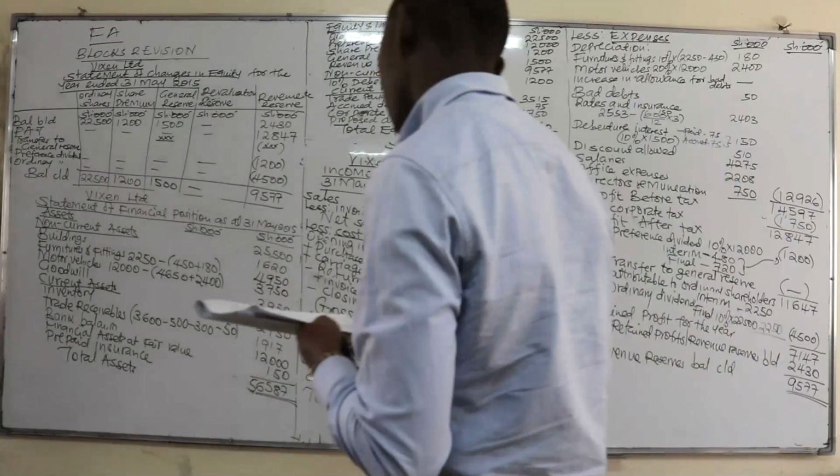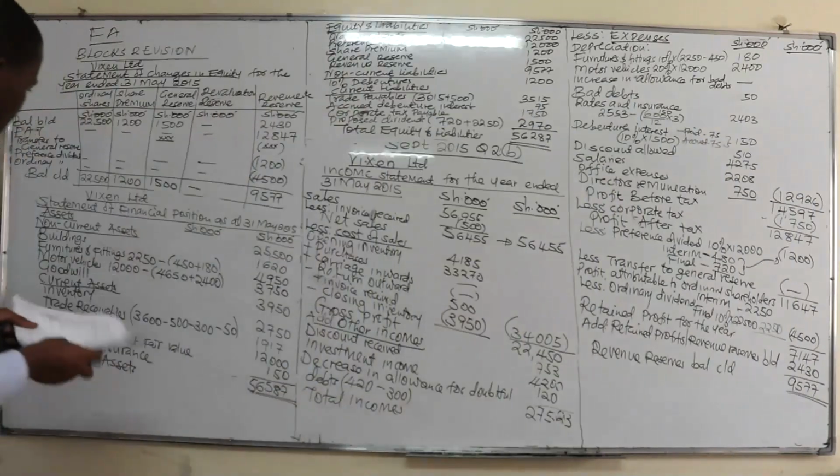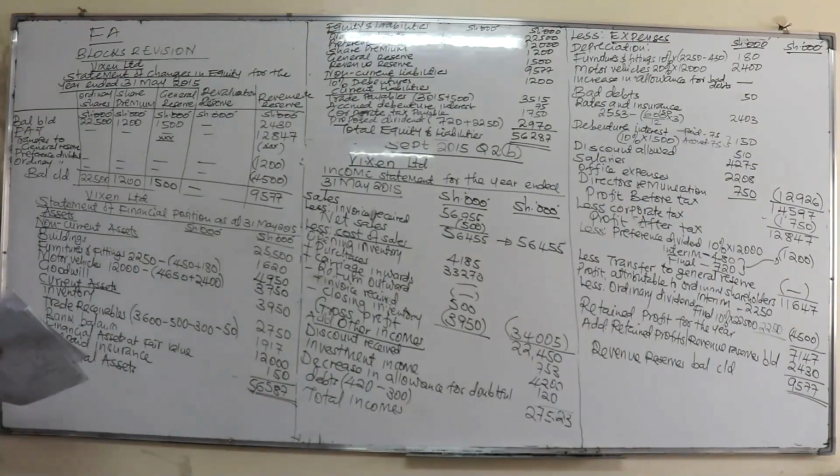I think that's the allowance for doubtful debts. So this 3,600 minus 500 minus 300 minus 50, 2,750. So this is 25,500 plus 1,620, 4,950, 3,750 plus 3,950, 2,750, 1,917.